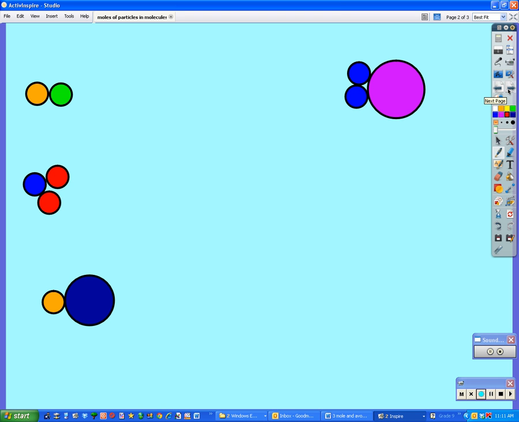That idea works with ionic compounds as well. If you imagine this is, for instance, sodium chloride, NaCl. If we take a simple representation, this is just very simple for this exercise.